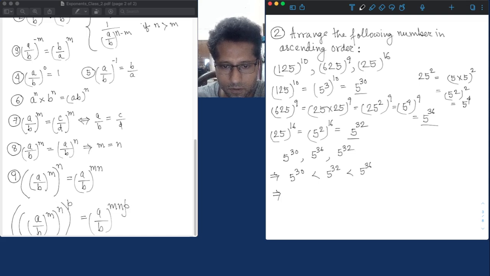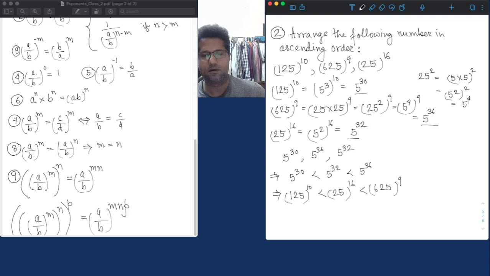So the ordering is 5 to the power 30, which was 125 to the power 10, is less than 5 to the power 32, which was 25 to the power 16, and finally we have 625 to the power 9. So this is the ordering.